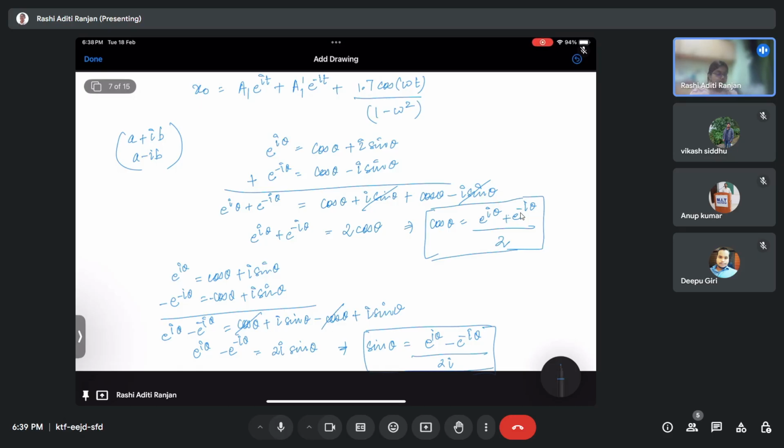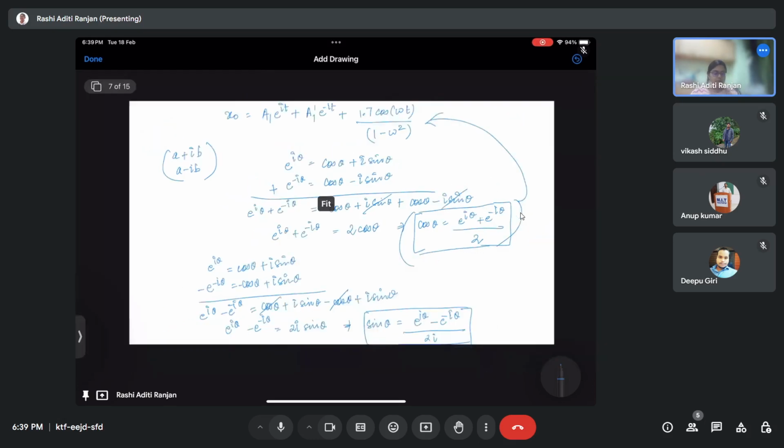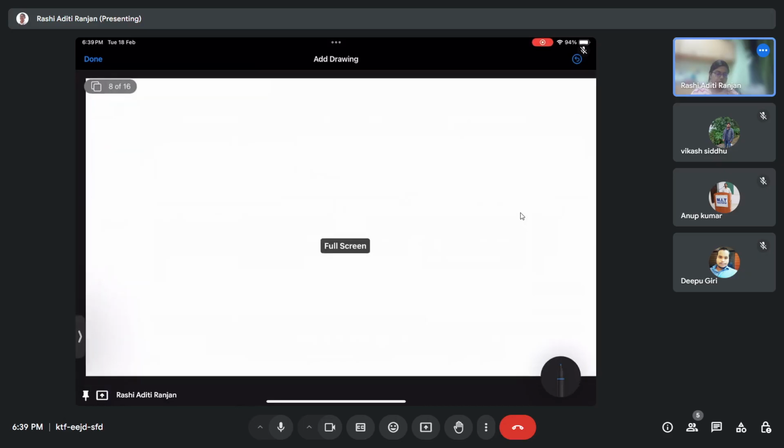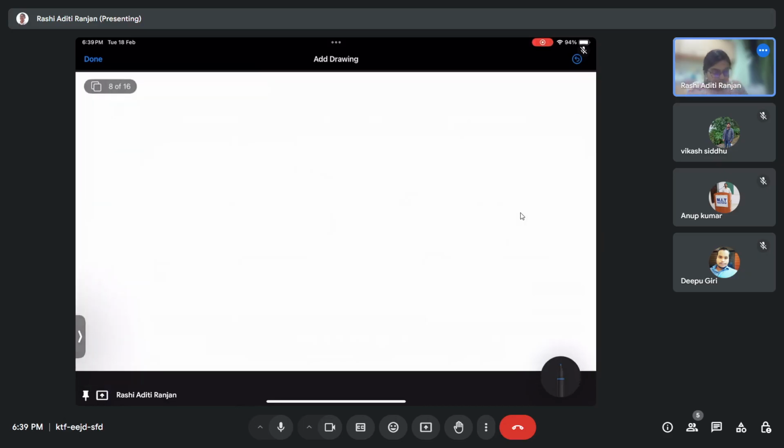So if I use this here, what am I going to get? We have cos of omega t, so we are replacing that, and in the denominator we already have 1 minus omega square.